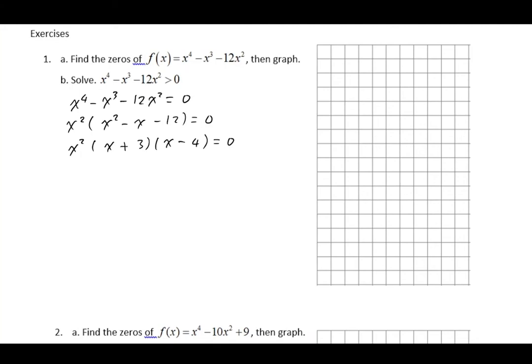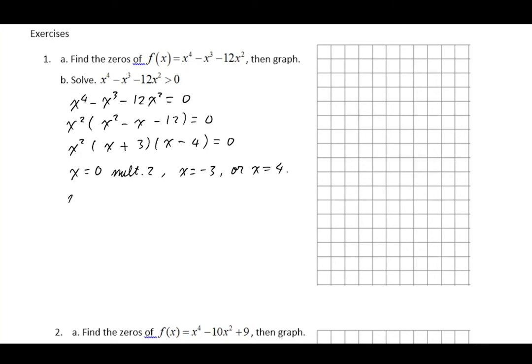Good. So our zeros are x is equal to 0. However, there are two of them stuck here, which is known as multiplicity of 2. Hopefully you remember that part. With multiplicity 2, I'm going to tell you how the graph behaves right there. And x is equal to -3 or x is equal to 4.